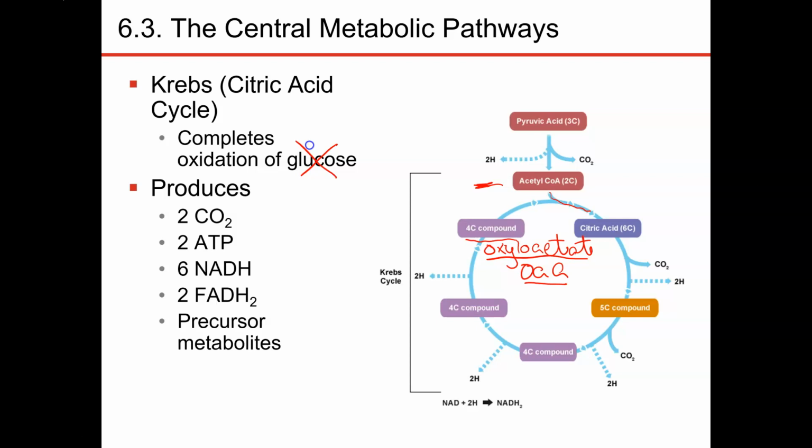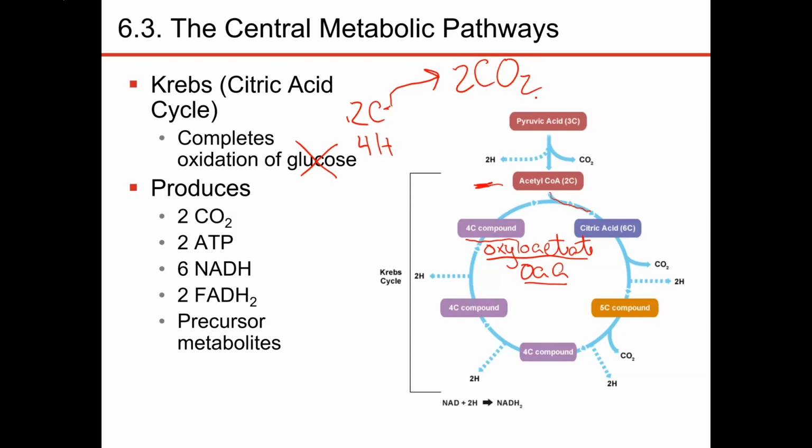So each acetyl group has 2 carbons. Each acetyl group has 4 hydrogens. And so we have to have oxygen available to bind to the carbons to produce, for each acetyl group, 2 carbon dioxides.